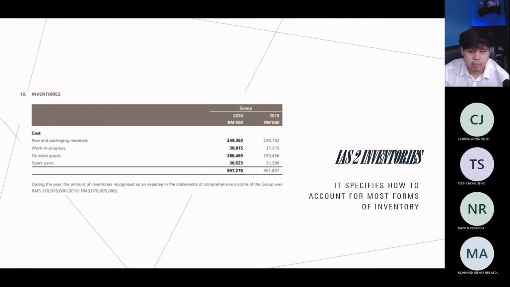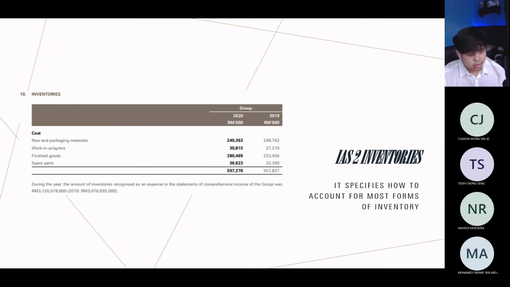The RM597,270,000 cost of inventories is based on the statement of financial position for Nestle Berhad annual report for 2020, which includes raw and packaging materials, work in progress, finished items, and spare parts.